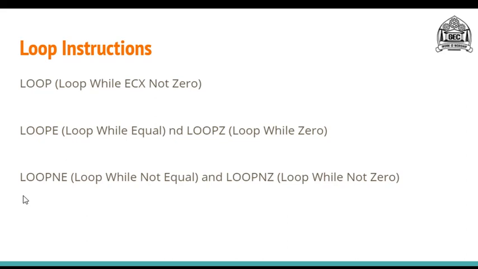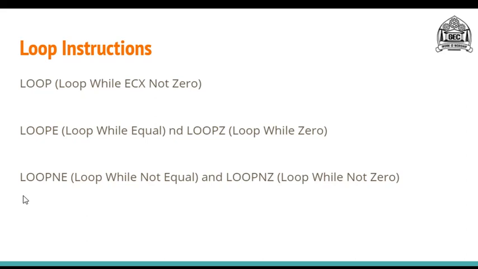The last topic, students, is the loop instruction. As we have studied earlier in our practical class, loop instructions allow us to iterate over certain statements based on a certain condition. If the condition is satisfied, it will repeat certain statements, or it may not.